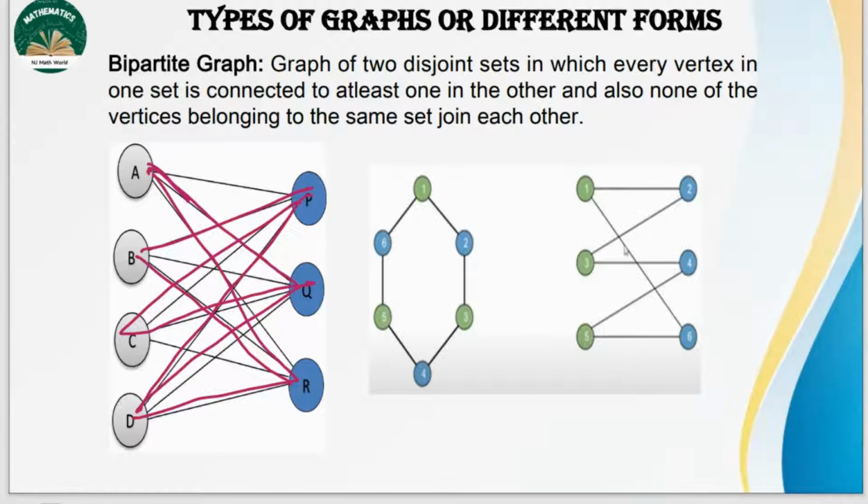If it is 1, 2, 3, 4, 5, 6, we can write this separately. We can connect them 1 to 2, then 2 to 3, then 3 to 4, then 4 to 5, then 5 to 6, and then 6 to 1. So it is called a bipartite graph.